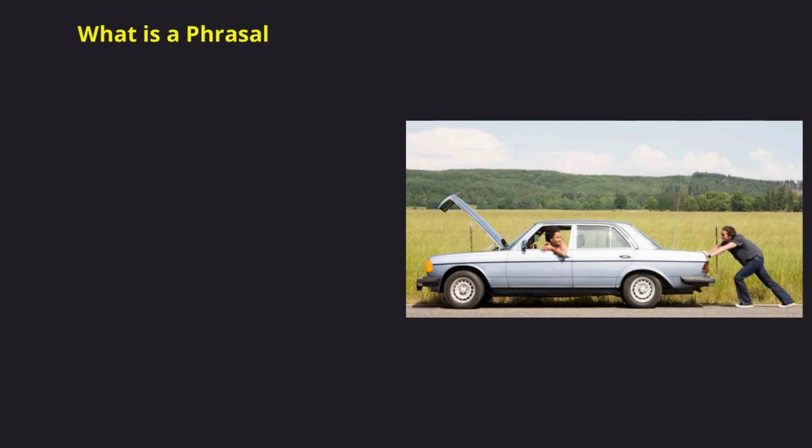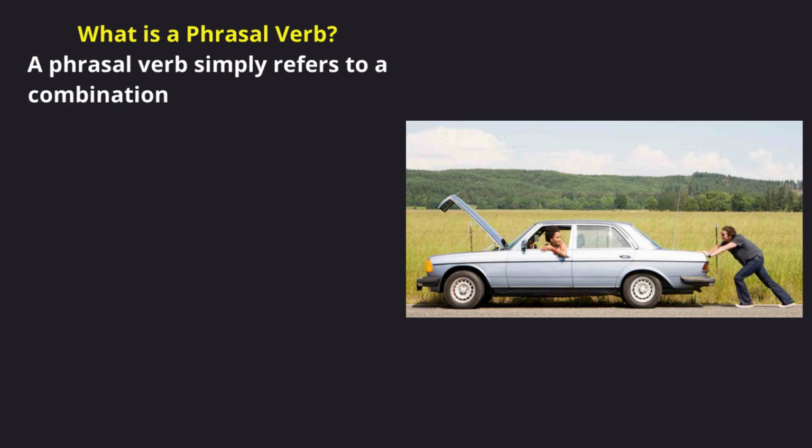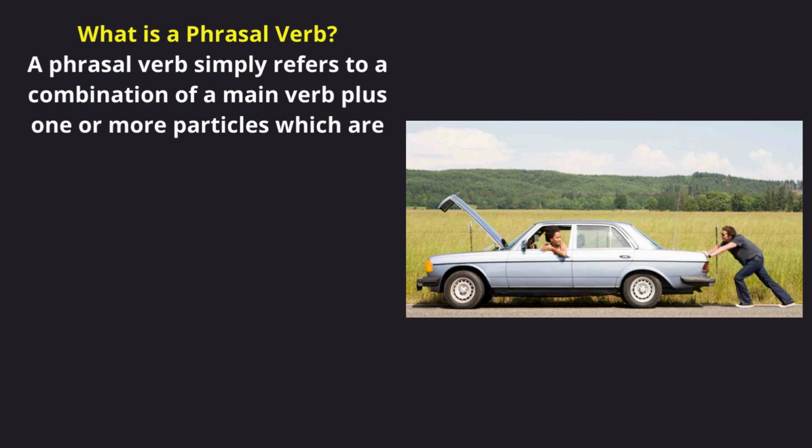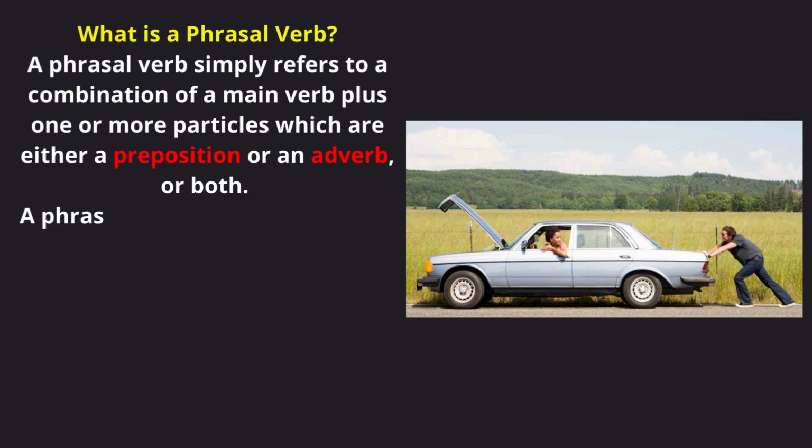So, what's a phrasal verb? It is a combination of a main verb plus one or more particles which are either a preposition or an adverb or both. Other scholars see phrasal verbs as simply idioms with special meanings.